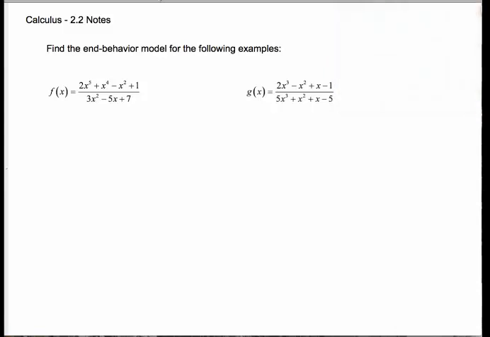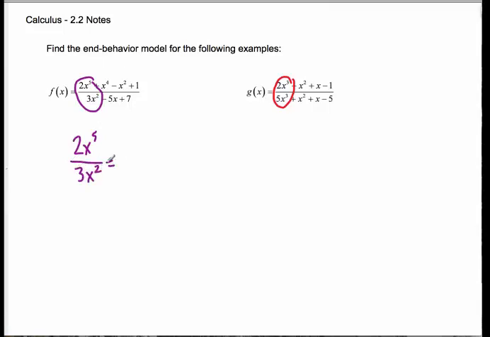First off, the most important thing is we need to know what our leading terms are. On the left, it's 2x to the fifth over 3x squared. On the right, it's 2x cubed divided by 5x cubed. So let's just go back to the left side. Our end behavior model then is going to resemble this: 2x to the fifth divided by 3x squared.